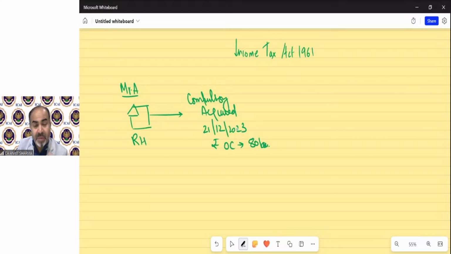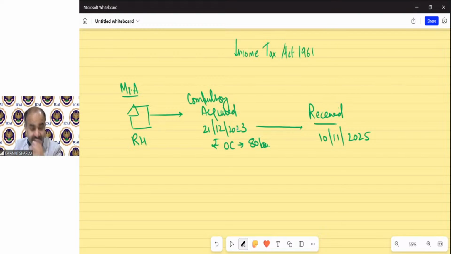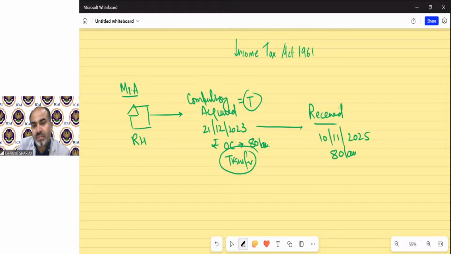They will pay it later, and the payment has been received, suppose, on 10th November 2025. Generally, in practical life, it happens. Now for the purpose of capital gain, the transfer year is this, because compulsory acquisition is equivalent to transfer. And the assessee will get 80 lakh rupees in 2025.